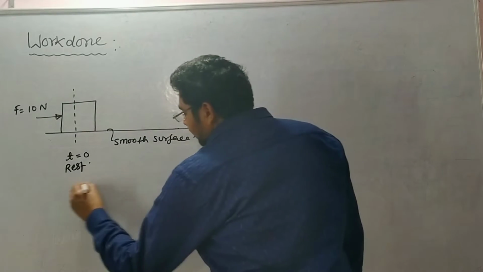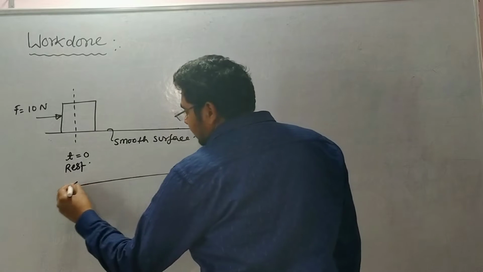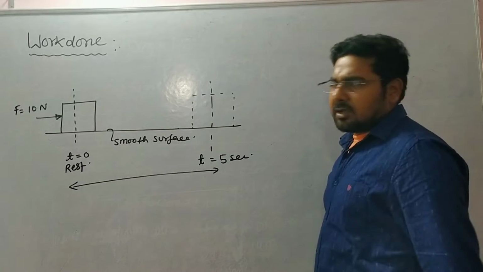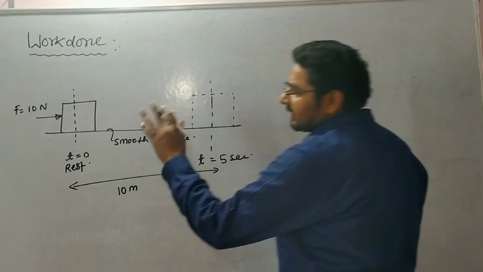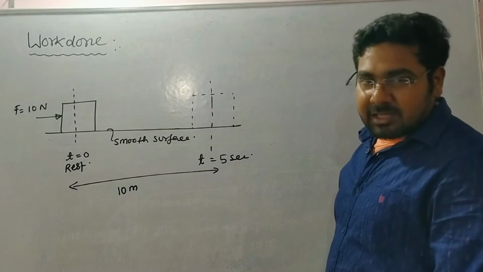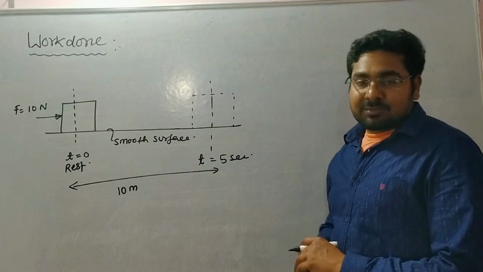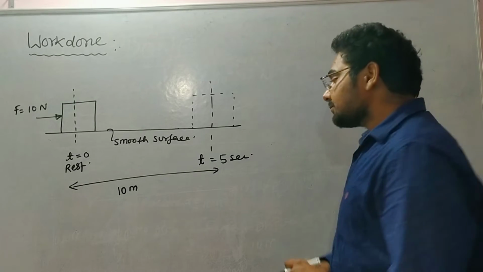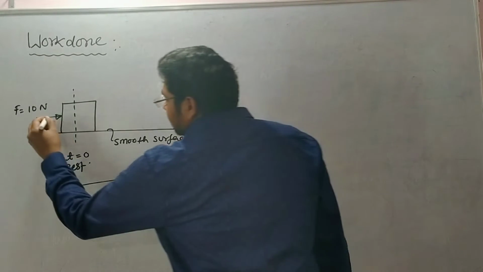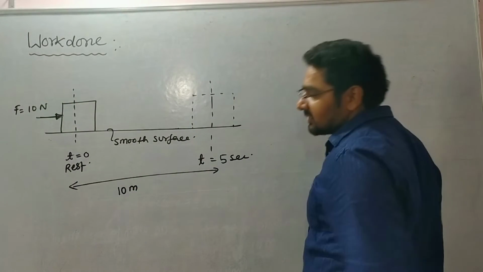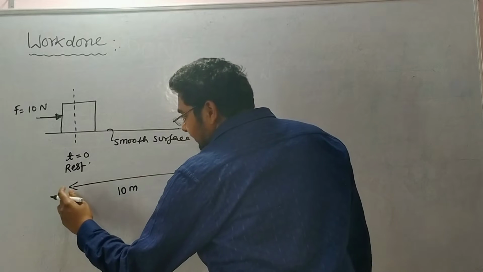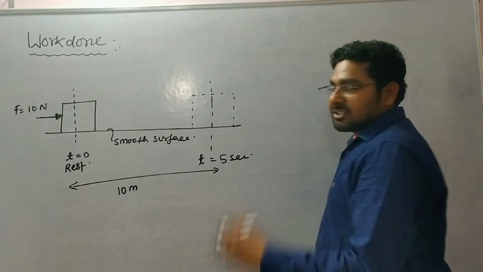So the displacement between these two positions, the shortest path, let's say it is 10 meter. I am taking just a random figure so that we can understand the concept of work done mathematically. The force is in this direction, horizontal and in the positive x direction, and the displacement is also in the positive x direction.